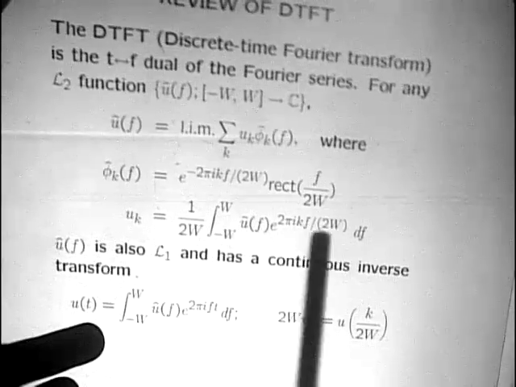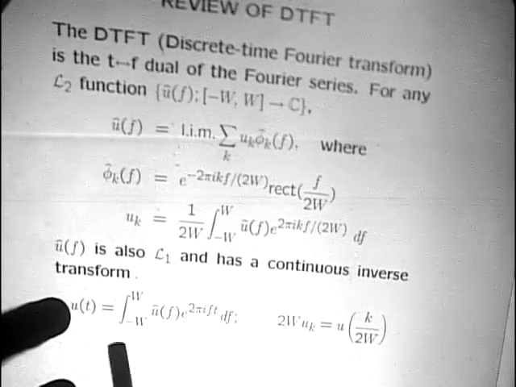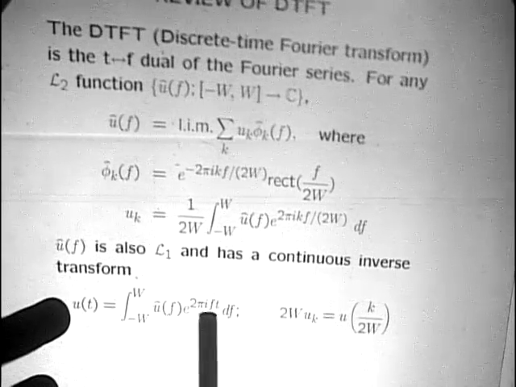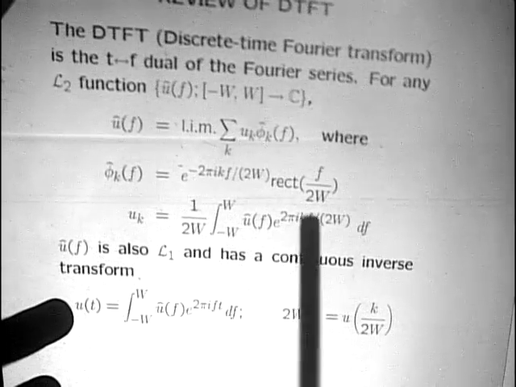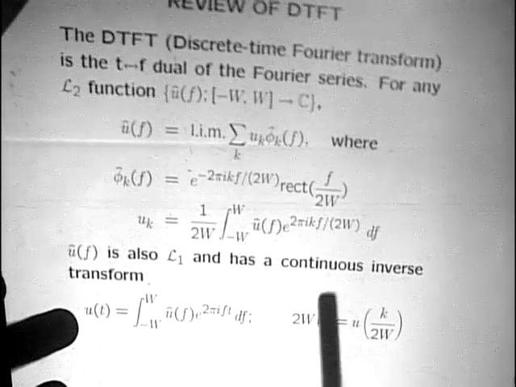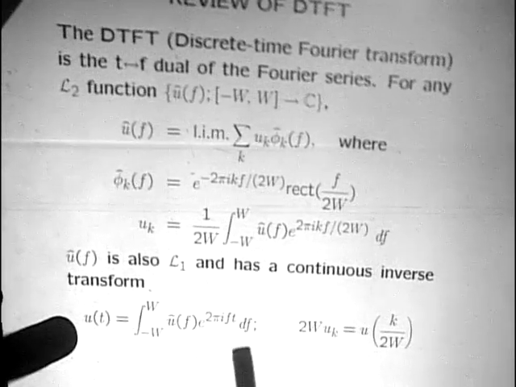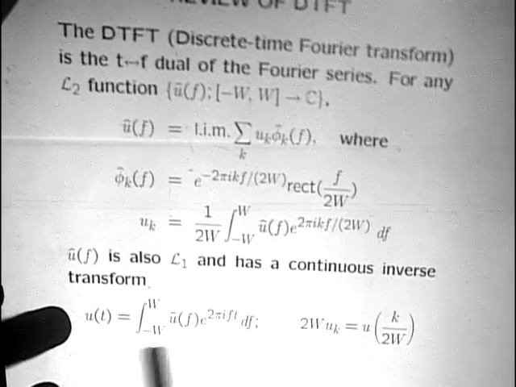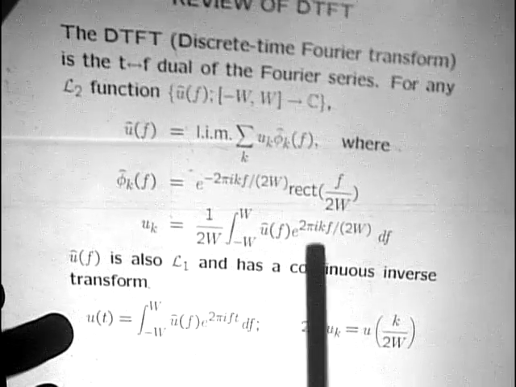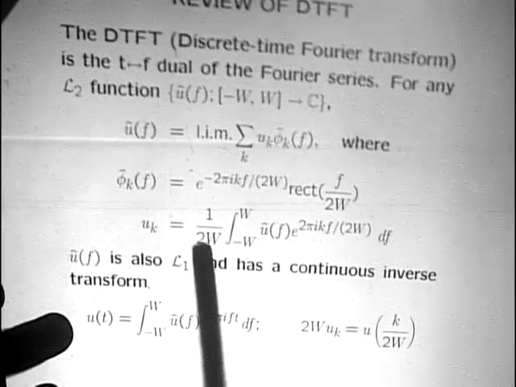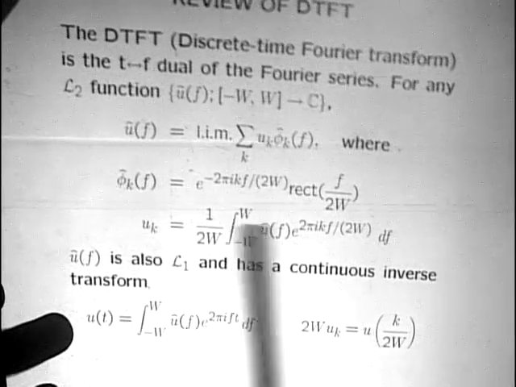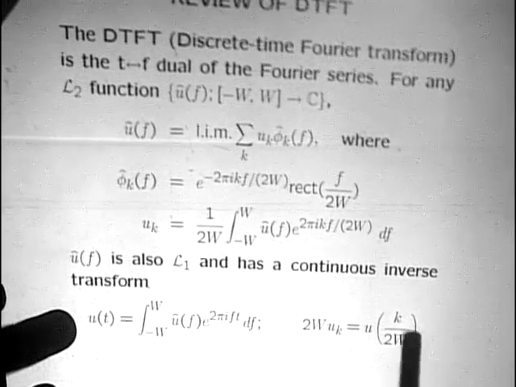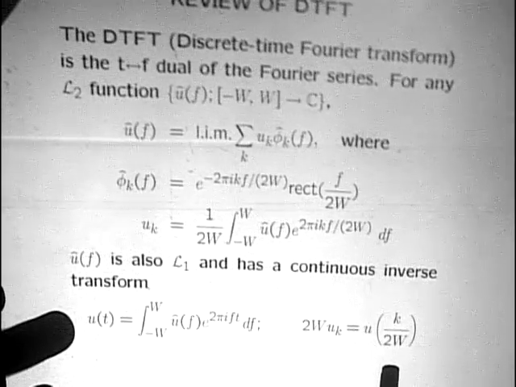This quantity here is just evaluating this at particular frequencies. Namely, if for time t I substitute in k over 2W, then this formula just becomes that formula. In other words, 2W times u sub k is equal to u evaluated at k over 2W.